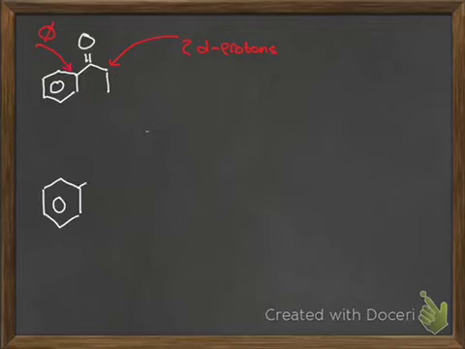We start here. And what we're going to do is, I'm sorry, I'm all messed up here. Let's do this instead. We're going to react that ketone with, let's just say, excess sodium hydroxide.